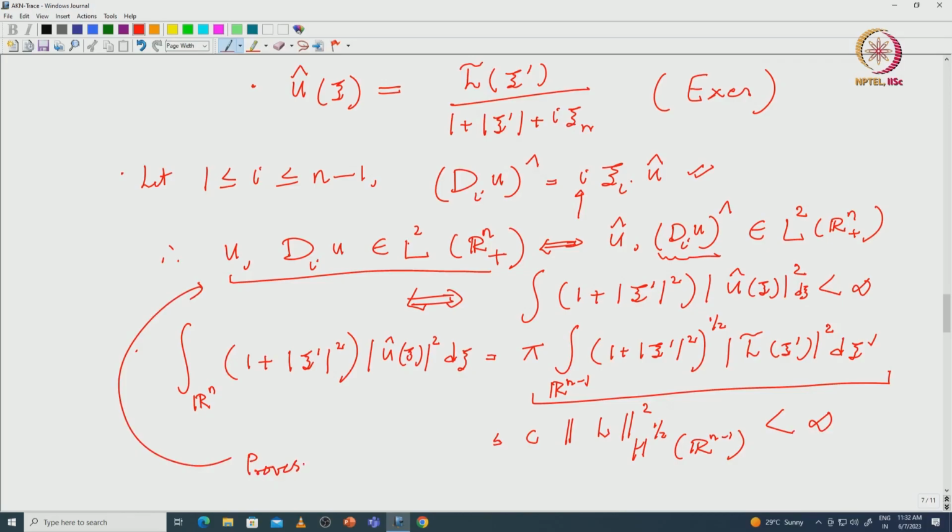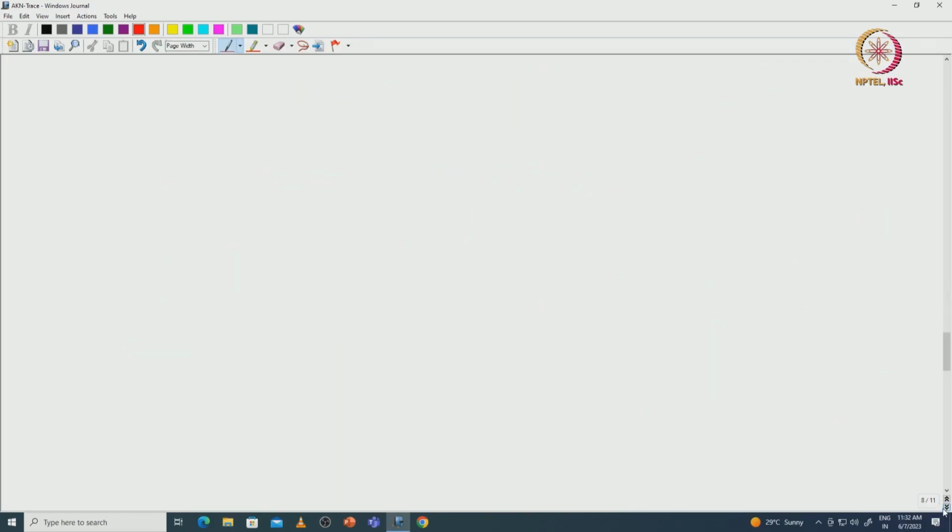Now we want to go to the next one, that is again the standard tricks you apply. So you look at d_n of u, the last part. For d_n of u for the entire extension, you can't prove it. So we take it only on the upper half part.